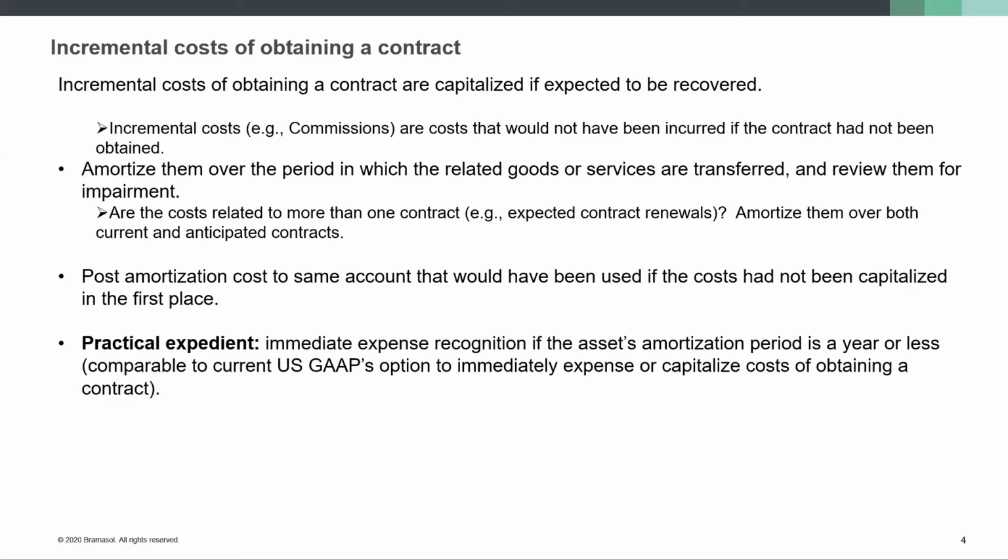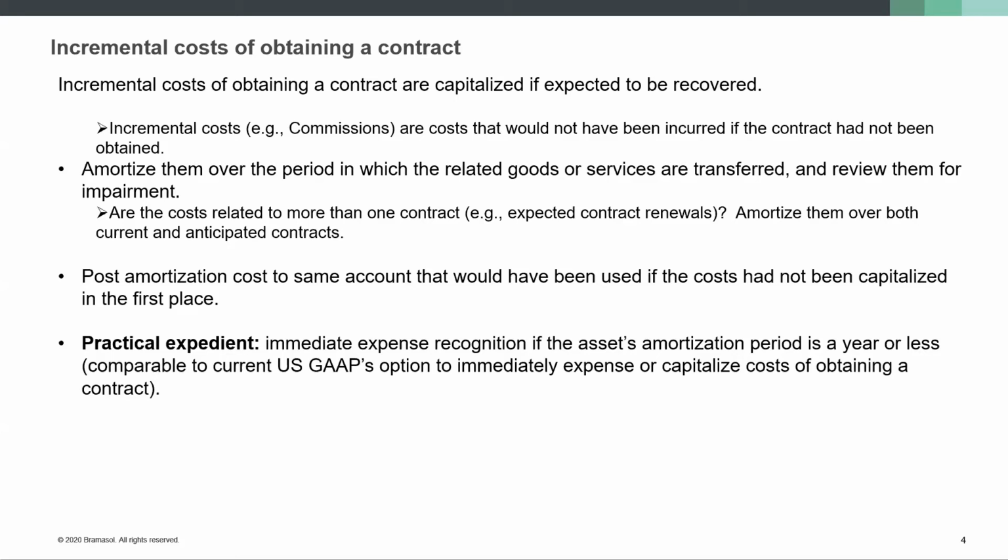So you're smoothing those incremental costs over the revenue contract, and now it's in line with the FASB concept of matching your expenses to your revenue. So the big so what is all commissions and all incremental costs to obtain a contract is now amortized in the same manner as the revenue that is being generated because of that incremental cost.